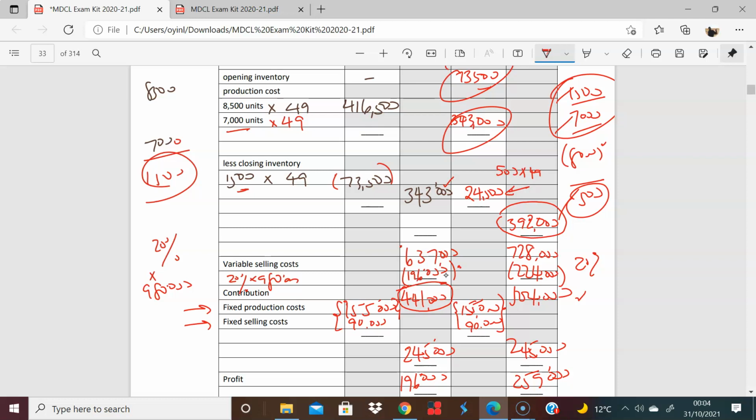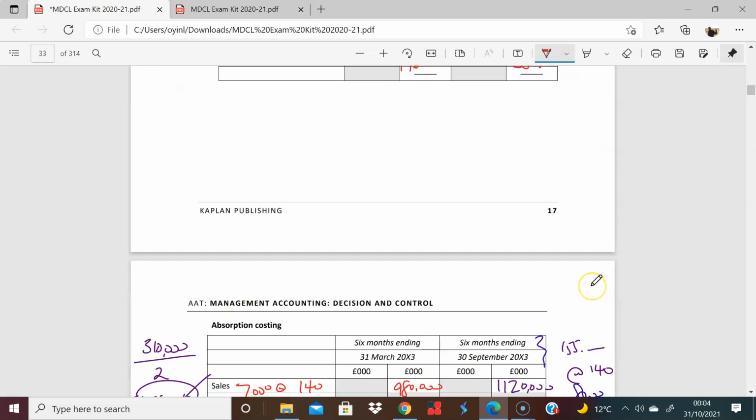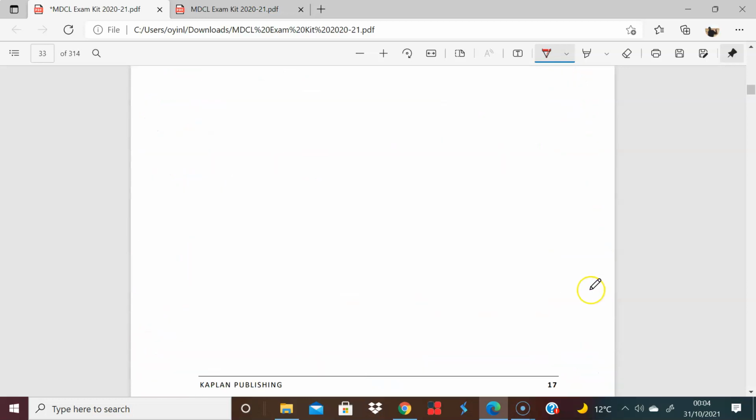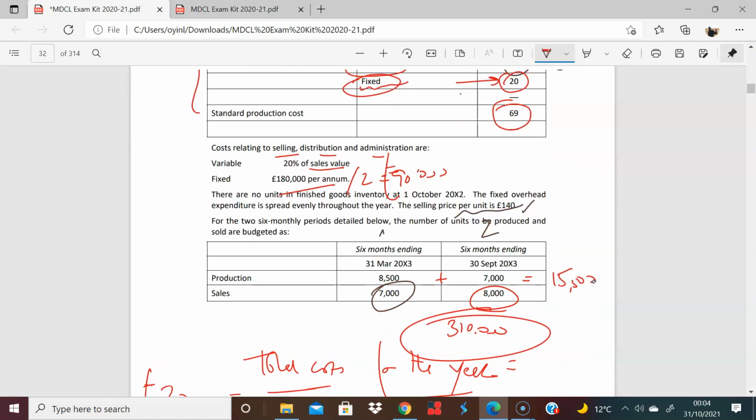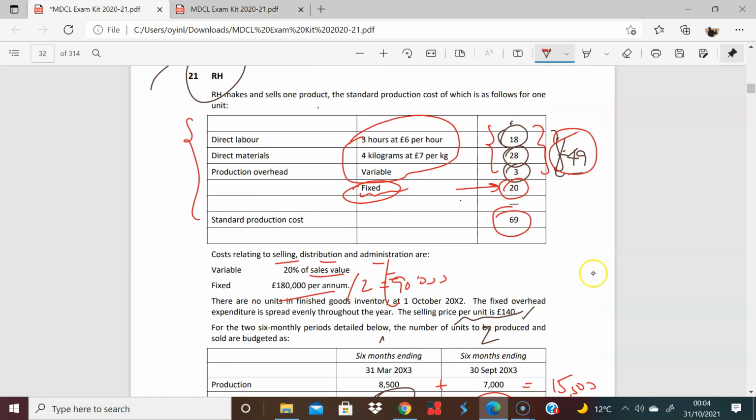Now, what I've done here is I was trying to explain it from here. We know that the question says fixed costs are not variable. As far as marginal costing is concerned, these are period costs.